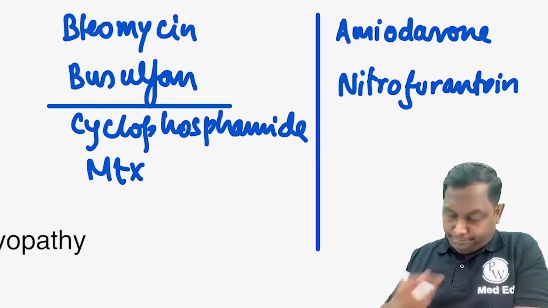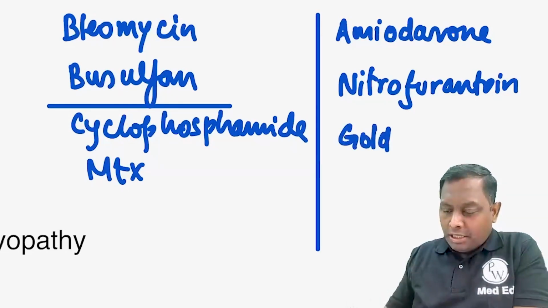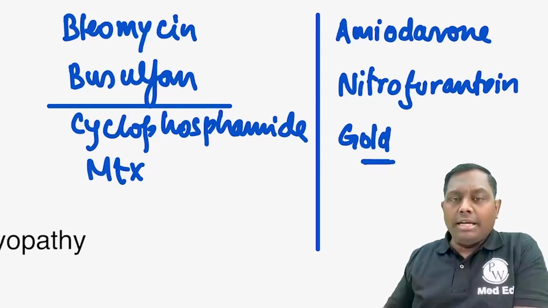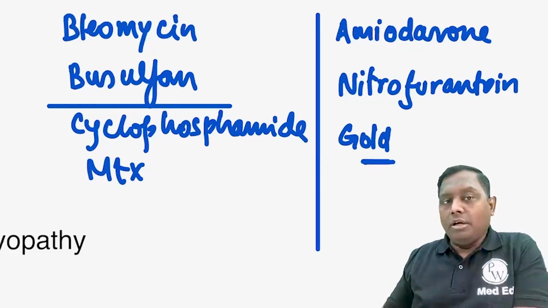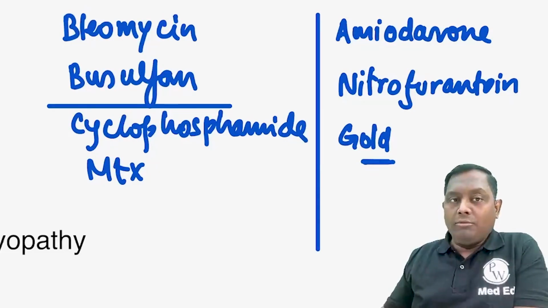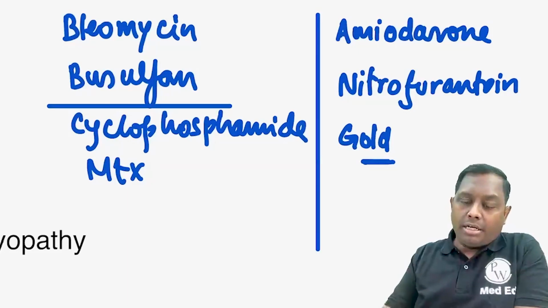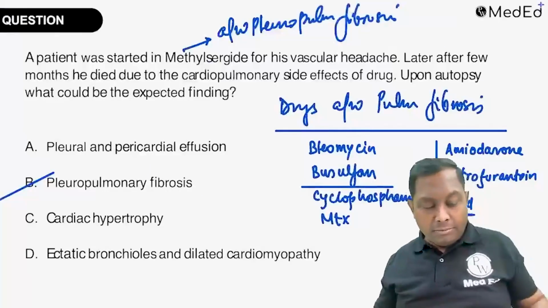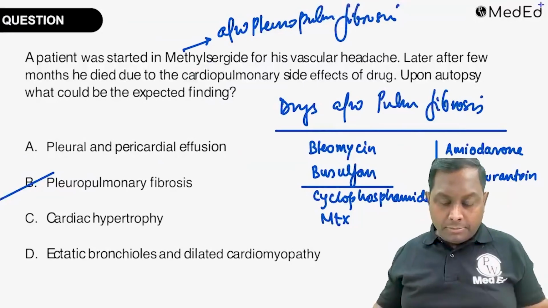Gold salt, okay? Gold salt that we used earlier for rheumatoid, although we are not using it clinically, has also been associated with pulmonary fibrosis. So bleomycin, busulfan, cyclophosphamide, methotrexate are the anti-cancer drugs. Others like amiodarone, nitrofurantoin, gold salt are the important drugs associated with pulmonary fibrosis. All of them cause pulmonary fibrosis.